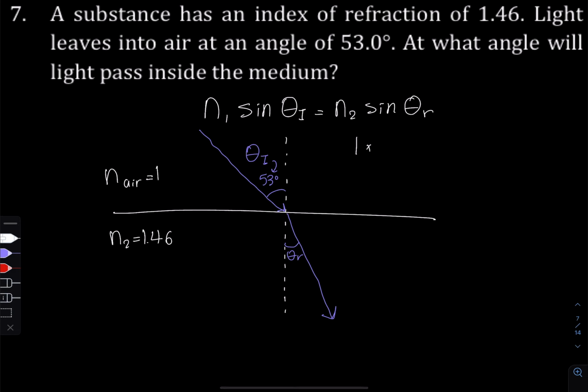And then sine of the angle of incidence, which is 53 degrees. And then we have 1.46 for the index of refraction of the substance. And we have sine of the angle of refraction. All right. So we get 33.16 degrees. All right.